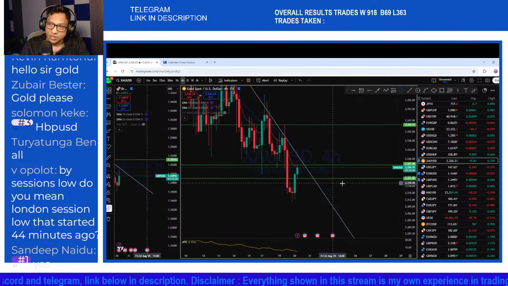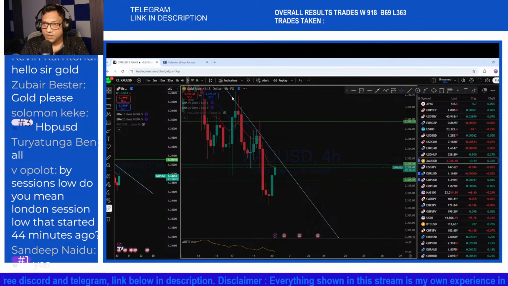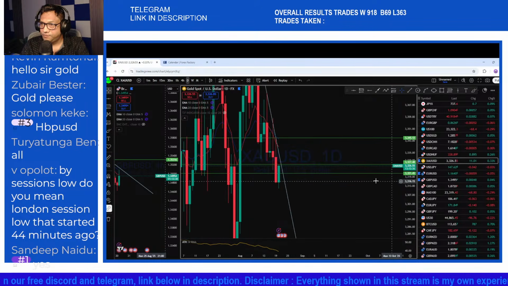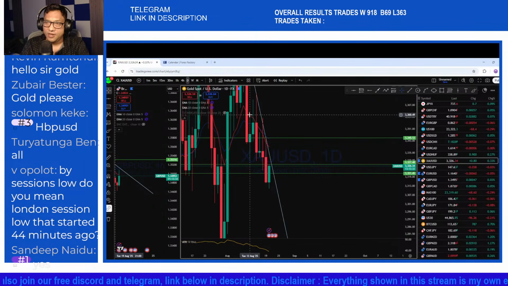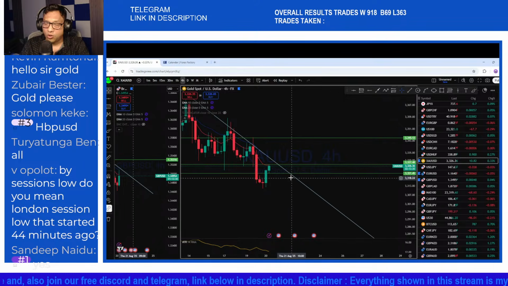You can see it's pushing back here and potentially moving further up, and on the daily it's approaching that level. On the daily you see there's a crossover of the 10 and 20 MA, and it's a downtrend on the daily and the 4-hour also a downtrend.